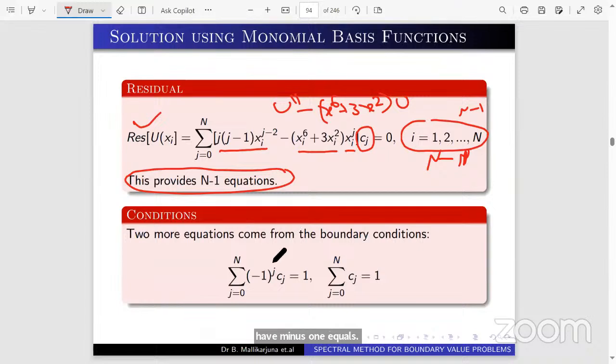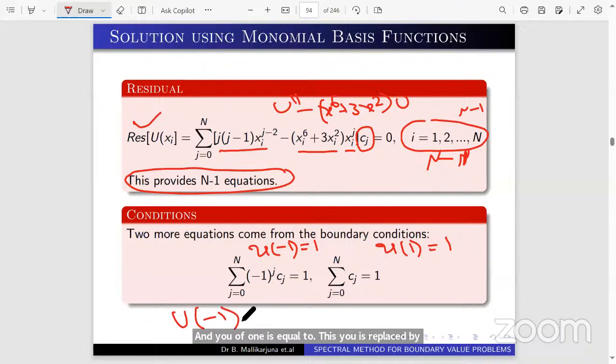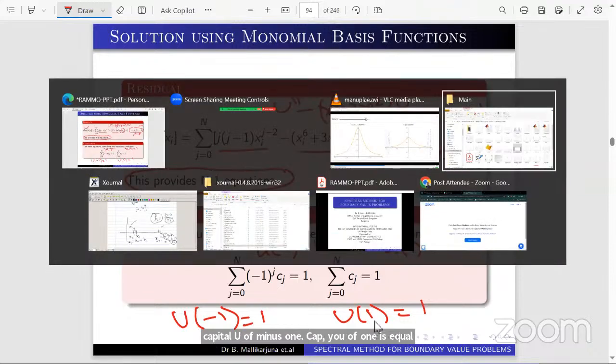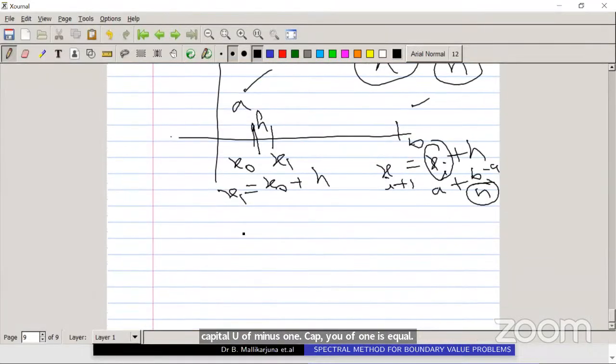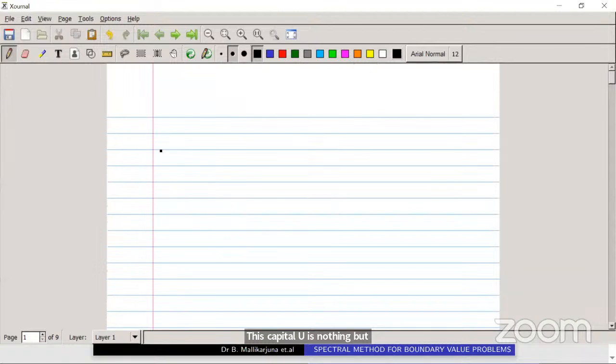Next, two more equations from the conditions. Let us see what the conditions are. U of minus 1 is 1 and u of 1 is equal to 1. This u is replaced by capital U of minus 1, capital U of 1 is equal to. This capital U is nothing but the sum of Ci x power i.